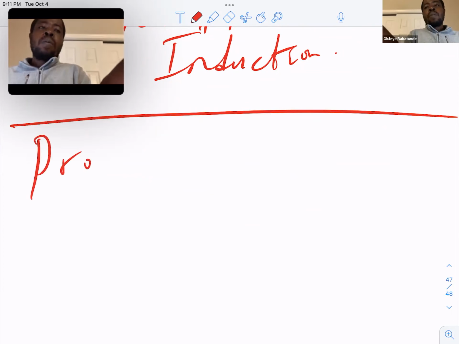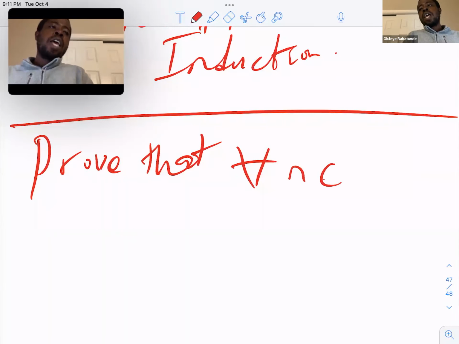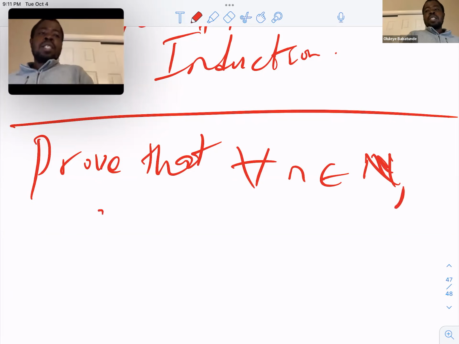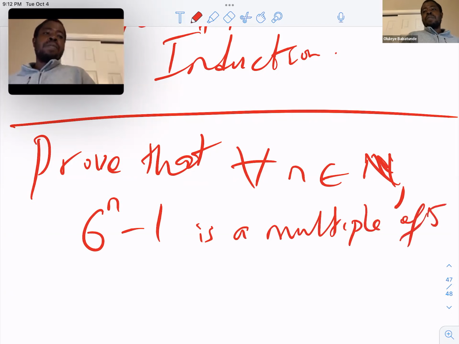Prove that for all n, now you know what this means, for all n in natural numbers, that 6 raised to power n minus 1 is a multiple of 5.